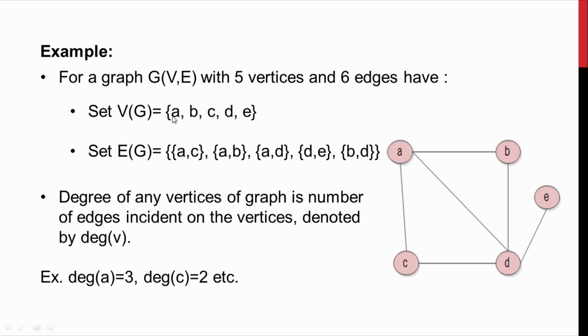The 5 vertices are A, B, C, D and E. E is the set of edges of this graph G. The first edge is A to C, vertex A to vertex C. Then A to B, A to D, D to E and B to D. These are the 6 edges we have in this graph.